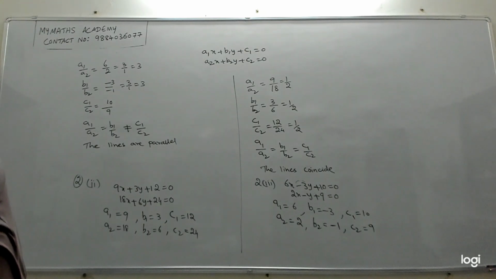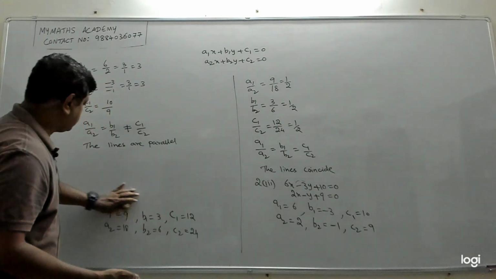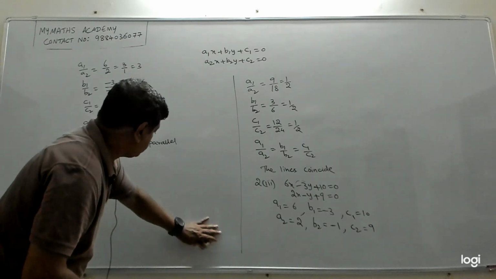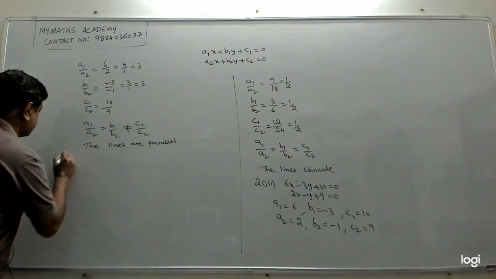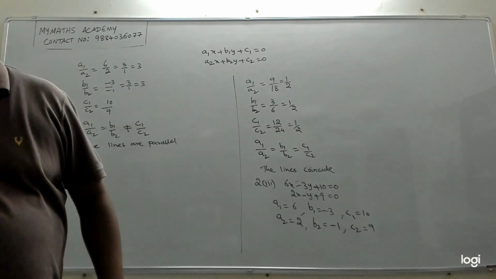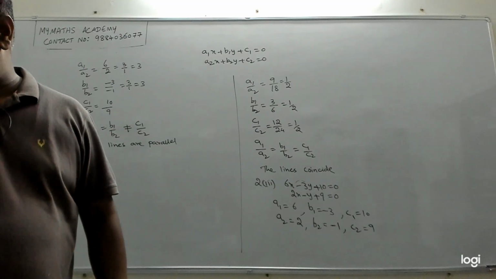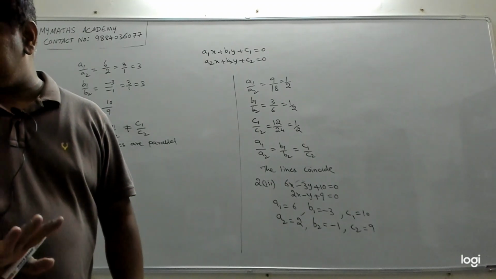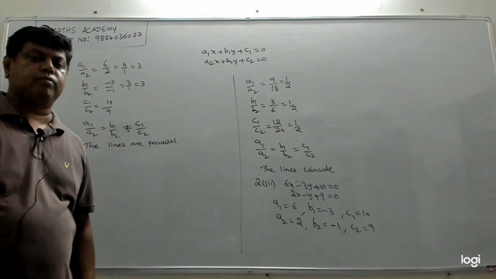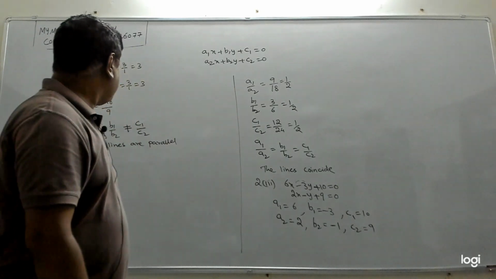Now let's go to the third problem. Fine, let me erase this. So the third problem in the same exercise 3.2 is again on comparing the ratios. We have to say whether the linear equations are consistent or inconsistent.